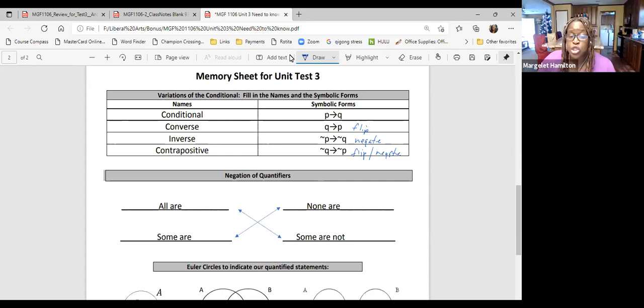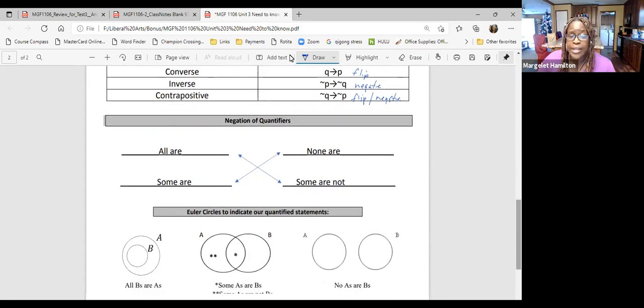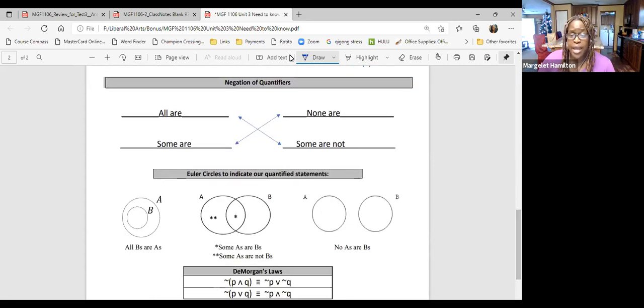Then when we come down to negating our quantified statements, this is where our circles come in. All of these things are connected here. So when we're talking about negating our quantified statements, this is not where we use our not. Not is when we negate our simple statement.